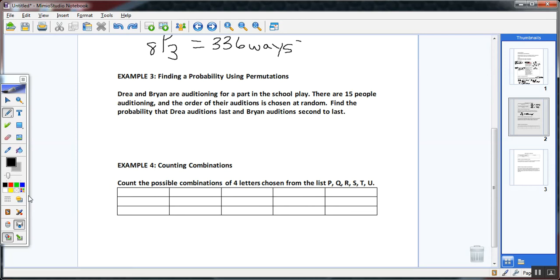Now, think of it this way, though. No matter what, the last two positions have to be what and what? Dre and Brian. You guys agree with that? Yes, sir. No matter what, that has to be that way.